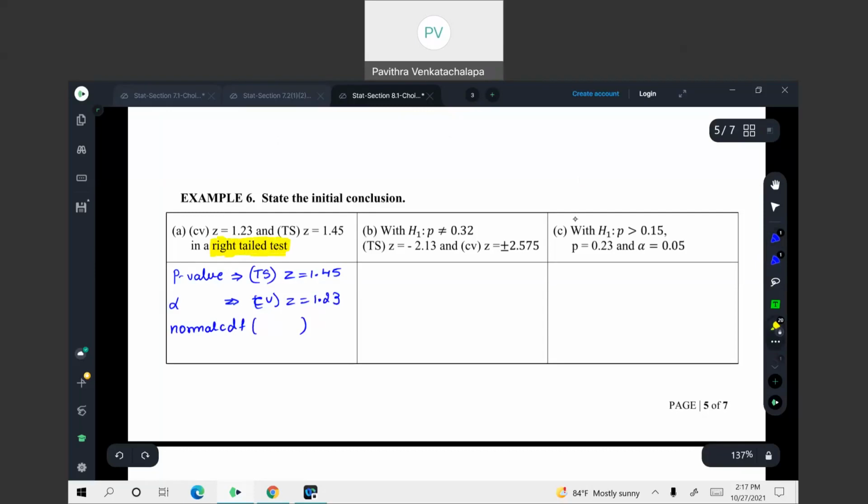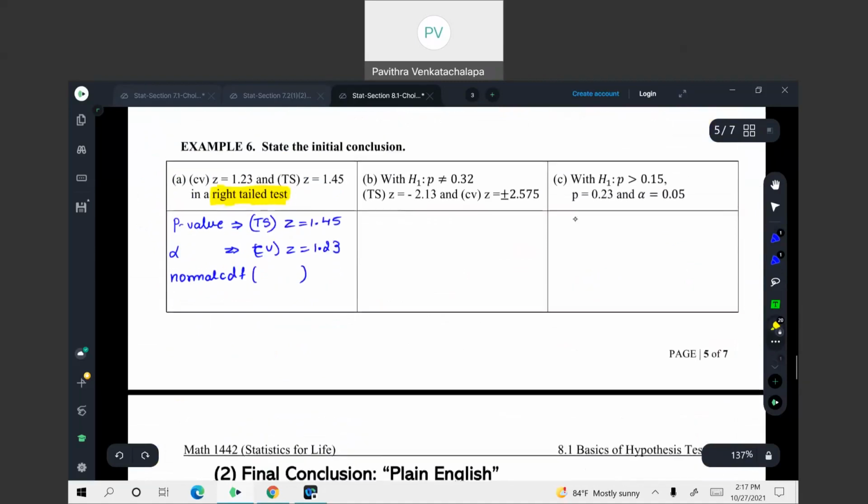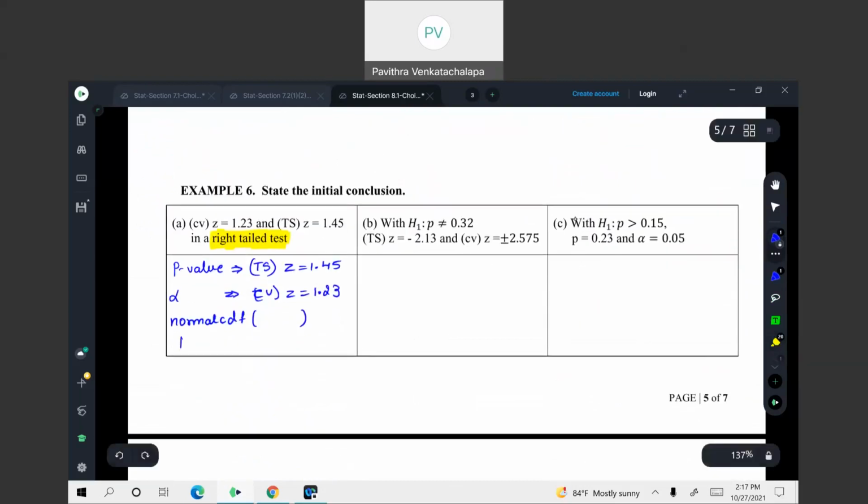We have done a few examples here. Follow the same thing and you will find P and alpha. Now you compare P and alpha, and then you conclude. If your p-value is less than or equal to alpha, you reject the null hypothesis. So this is what you have to identify. Likewise you will be doing this and this. To do this, you don't have to find the P and alpha, you just have to compare.